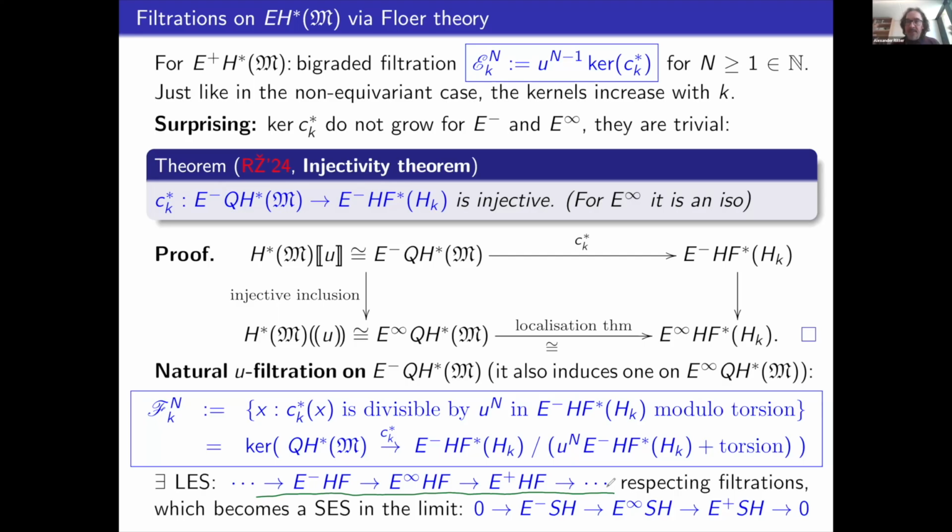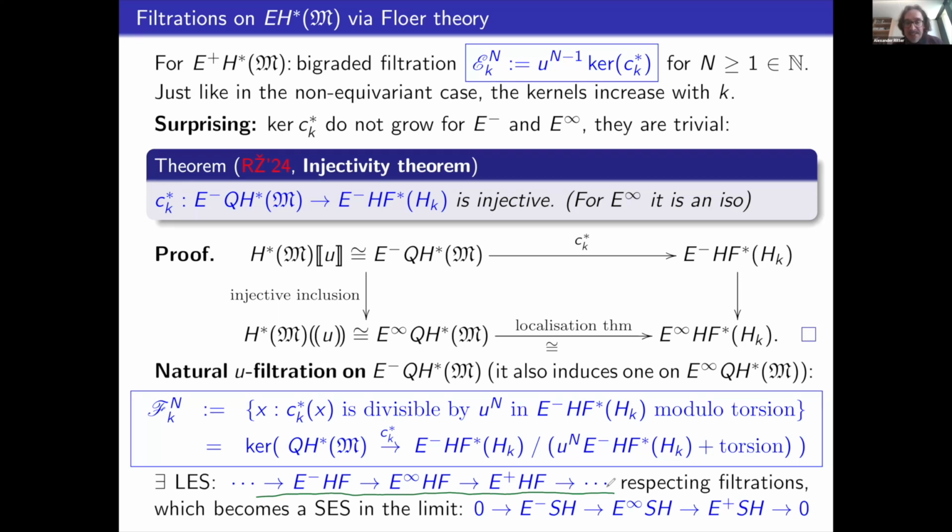So you have this long exact sequence, the filtration we defined on E plus using the kernels above, this new filtration on E minus, and then a naturally induced filtration on E infinity. All those filtrations are respected by this long exact sequence. So this again shows that this filtration is a natural choice to use.